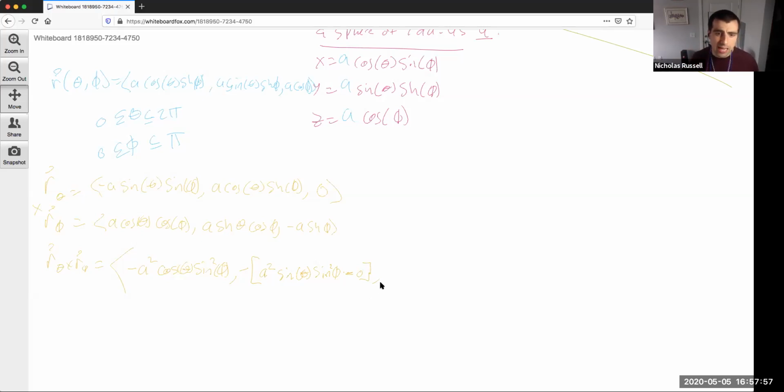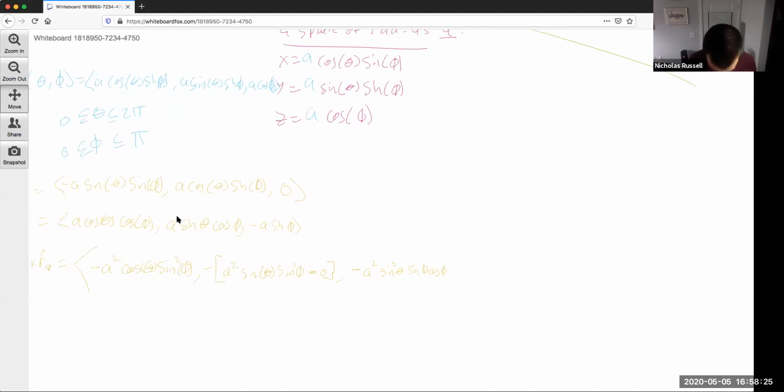And lastly here, I get this component over here, which I now have to do a little bit more work on. I get negative A squared sine squared of theta sine phi cosine of phi, minus A squared cosine squared of theta sine phi cosine phi.